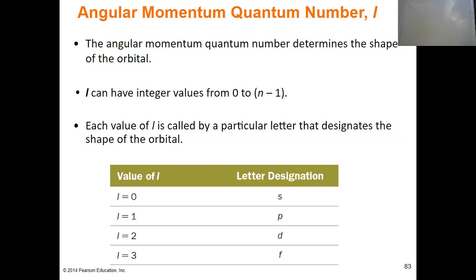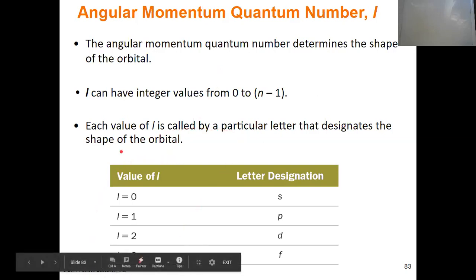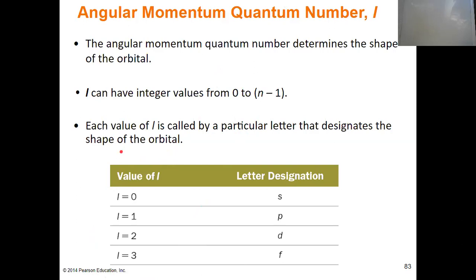Your L value can be any integer from 0 to n minus 1. So your L value should never be equal to your n value, and it should never be higher than your n value. It can go from 0 to n minus 1. And what's listed in this table below are the 4 most common L values: 0, 1, 2, and 3.